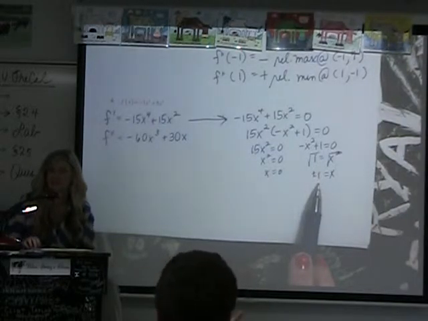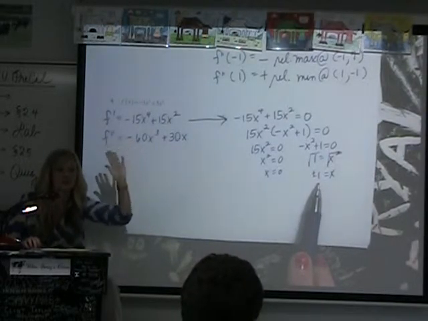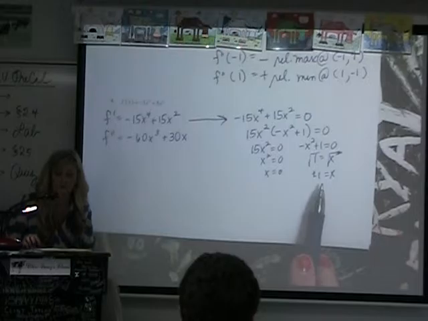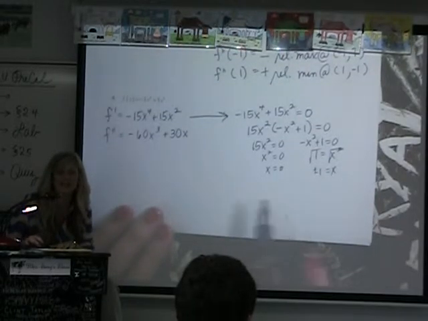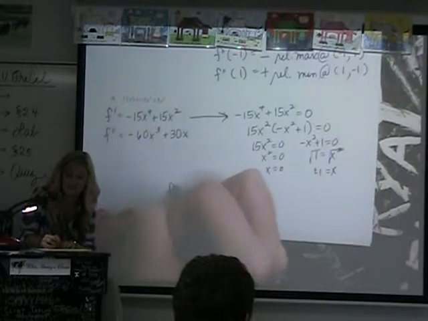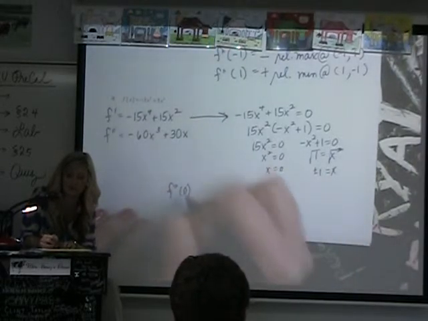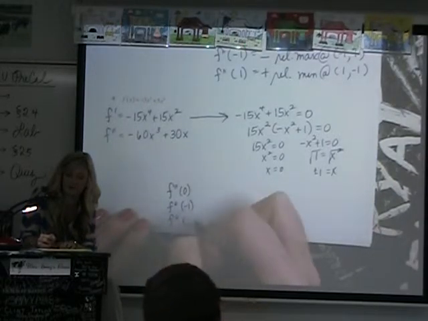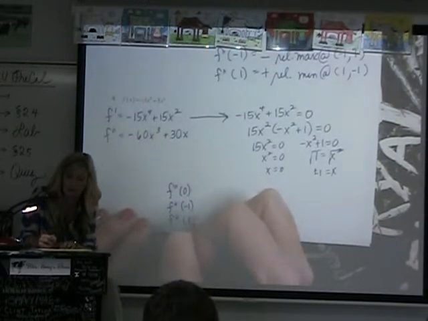Everybody okay so far? Any questions so far I should ask? All right, so now where do I test those values again? Second derivative, that's right. So f double prime of 0, f double prime of negative 1, f double prime of positive 1.